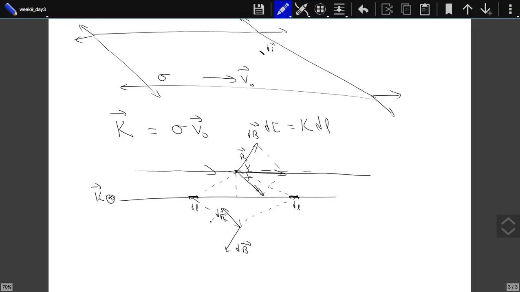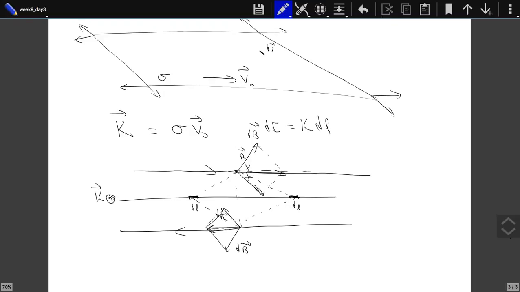So the sum is in this direction. This will be true for any line segment that you can imagine on the left. So the sum will always be in the horizontal direction. So below that plane, it will be horizontal, and it will be in this direction.